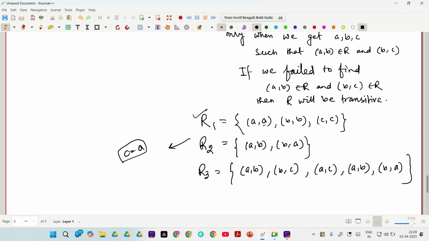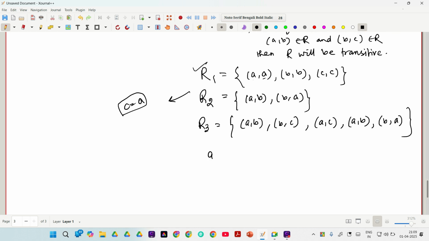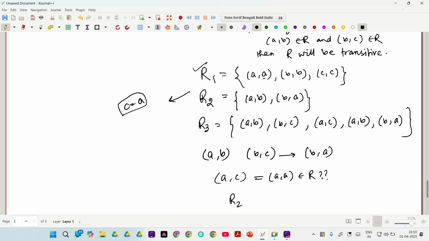Because we have taken C equal to A, by the definition A comma C is going to be A comma A. Now I'm writing A comma B and B comma C. For this, B comma C is also B comma A. Now, to check A comma C belongs to R, we have to ultimately check whether A comma A belongs to R or not. But A comma A does not belong to R2. So R2 is not a transitive relation.